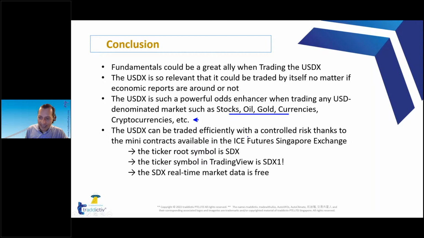The US dollar index can be traded efficiently with controlled risk, thanks to the fact that in Singapore there are mini contracts, one-tenth the size of the US exchange contract. So it makes it very nice to hedge, to take trades even with small accounts, to control risk, and to have multiple targets where you scale out.